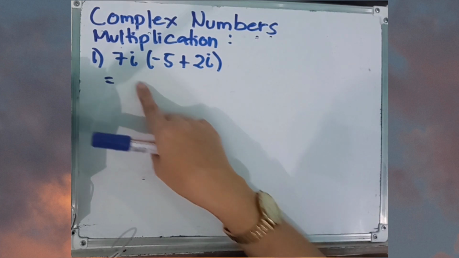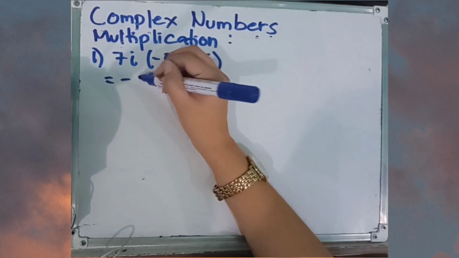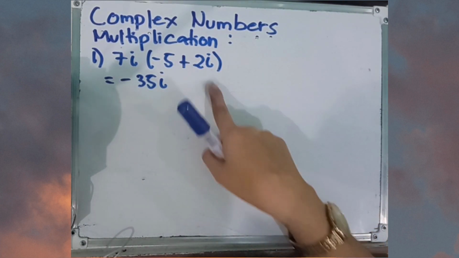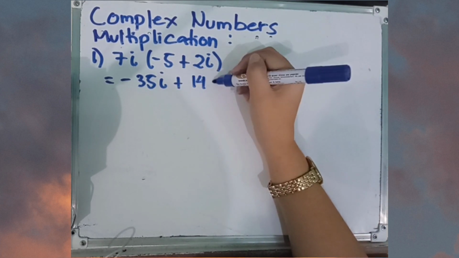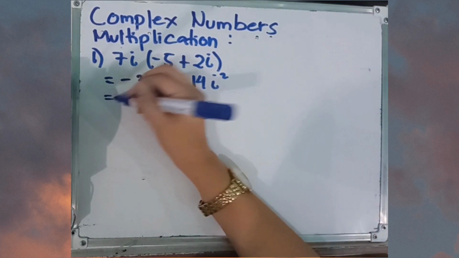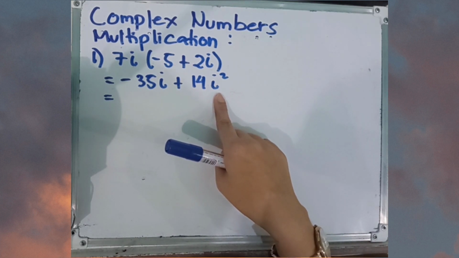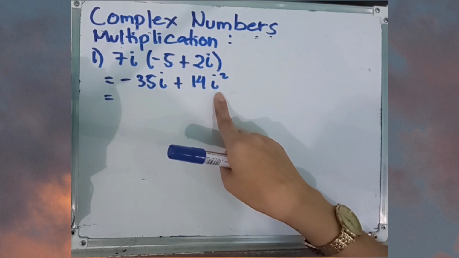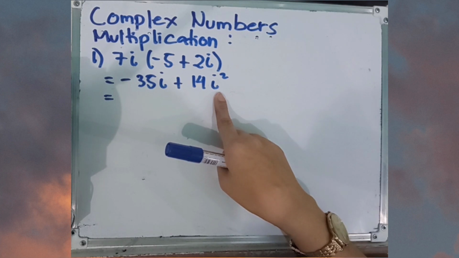That's 7i times negative 5, that will give us negative 35i. Then 7i times 2i, that is 14i squared. Now, if you can recall earlier, i squared is equal to what certain number? i squared is equal to negative 1.